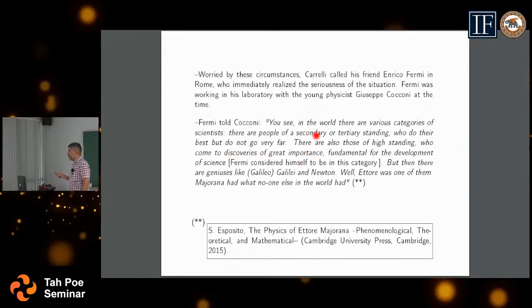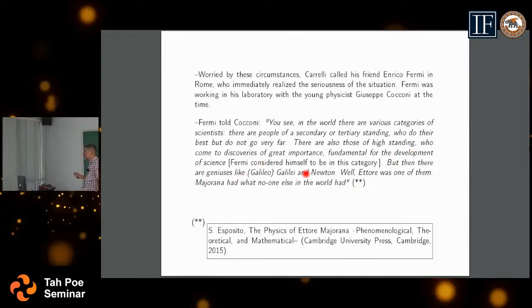But Fermi told Cocconi, in the world there are various categories of scientists. There are people of secondary and tertiary standing who do their best, but don't go very far. There are also those of high standing who come to discoveries of great importance, fundamental for the development of science.